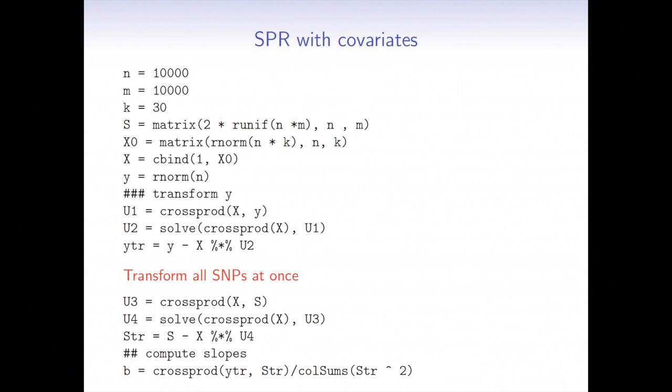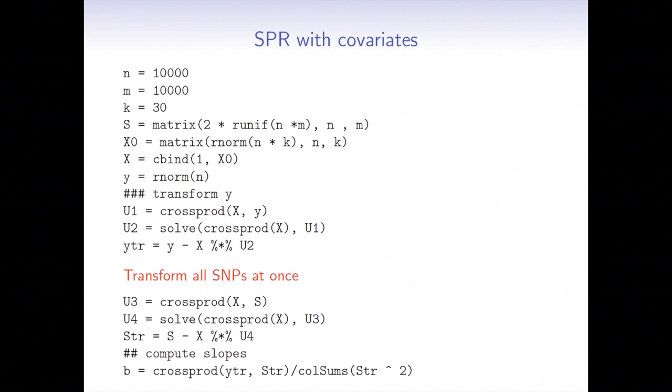So in R, here I again show how we simulate the data. I simulated 30 covariates, and then X is the covariate matrix, and we assume that we include the intercept, of course, in the covariate matrix. And here I transform the vector of response.